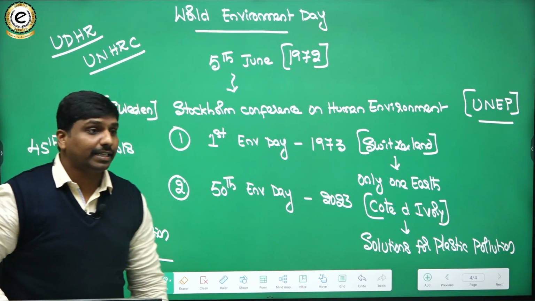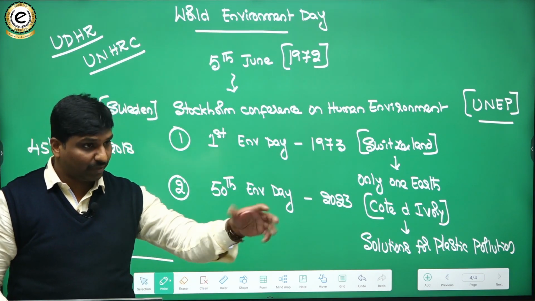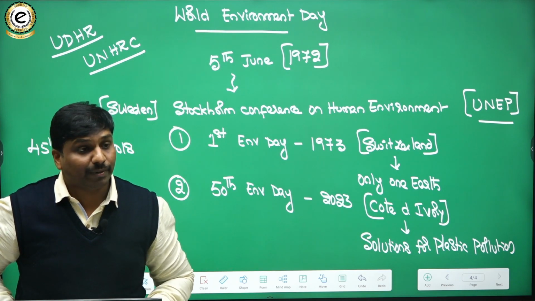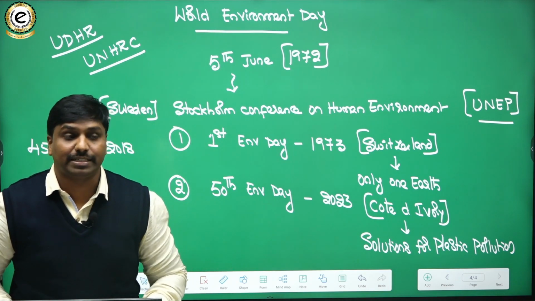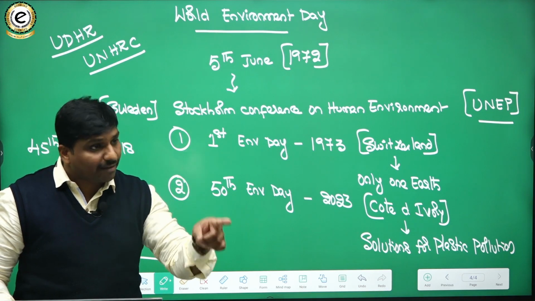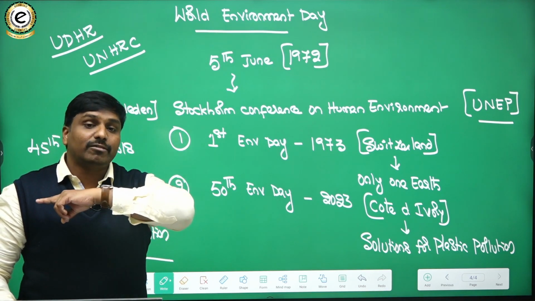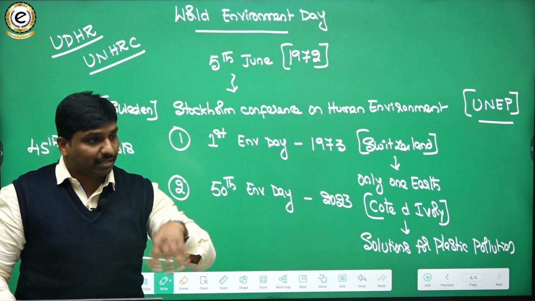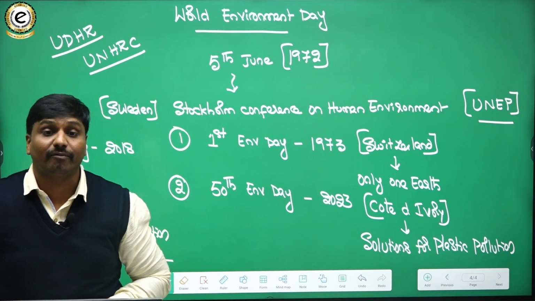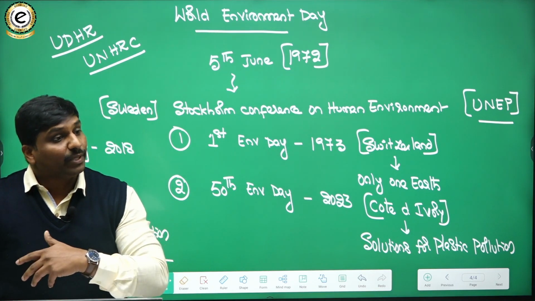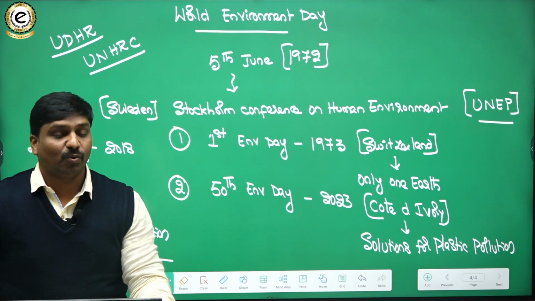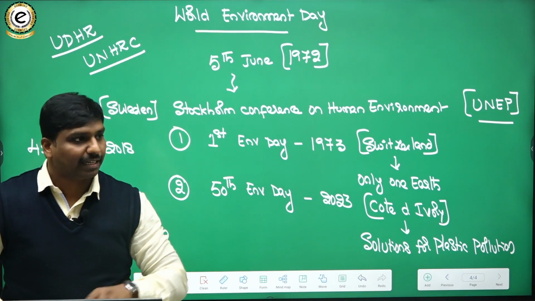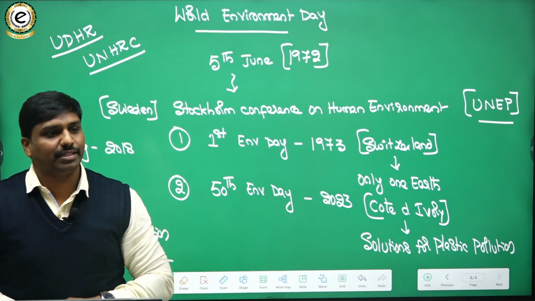Very recently, in the 2021-2022 period, the United Nations Human Rights Council has declared the right to a clean environment as a universal right. It has voted for the right to a clean environment as a universal human right. At present, at the international level, that is the status.